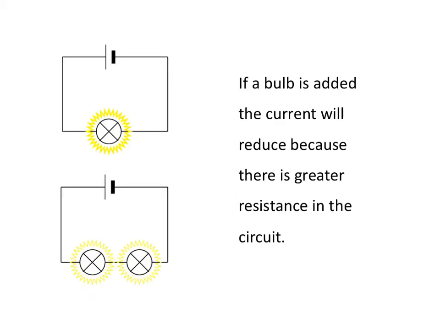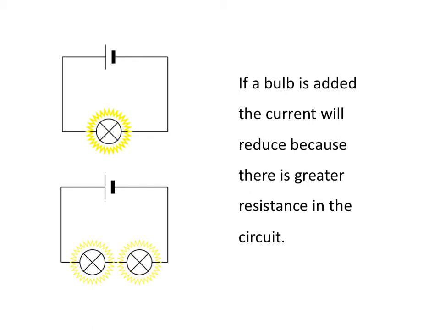This time, what we're changing isn't the number of cells. We're keeping it at one cell, but we are changing the number of bulbs. And again, I'm going to assume that each of these bulbs are all the same type of bulb, essentially identical. So remember, bulbs were essentially resistors. If we increase the number of bulbs, we increase the resistance. And then if we increase the resistance, that means there is a smaller current, and the charge doesn't flow so quickly.